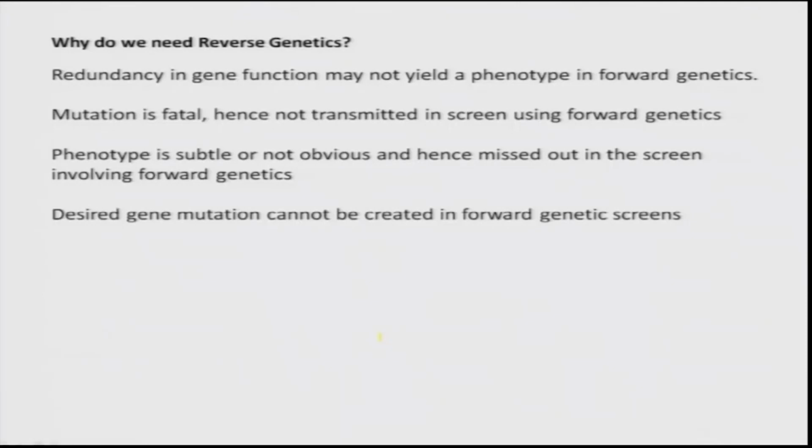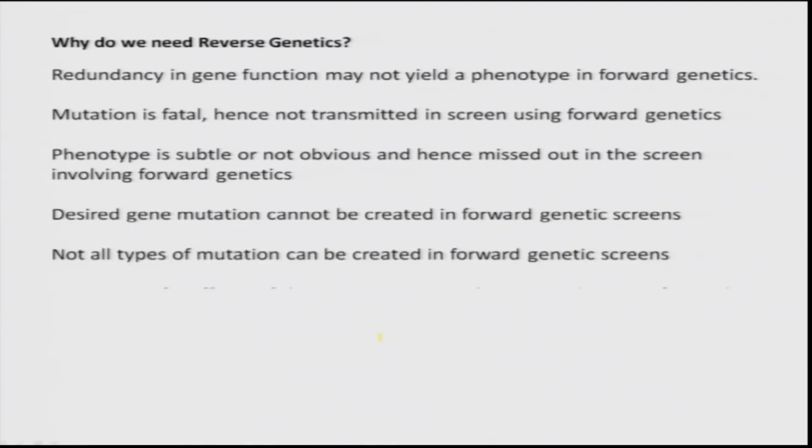Now, in forward genetics you have no control over which gene you are mutating, but here we can mutate the gene that we want. And in classical genetics you cannot say which kind of mutation you want to create. For example, I want to create what is called a missense mutation. Instead of X amino acid, I want to bring in Y amino acid in a given region of a protein and see what kind of effect you have.